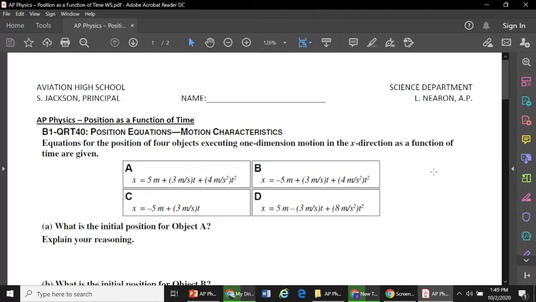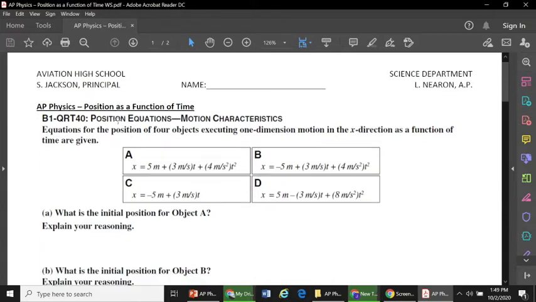Okay, so I'd like you to go to the stream where the post is for today and download the sheet, or open up the sheet that says AP Physics Position as a Function of Time worksheet.